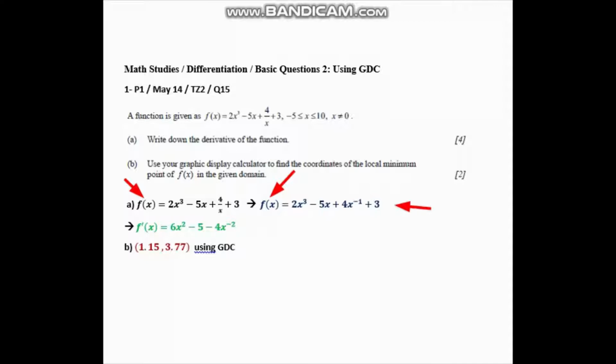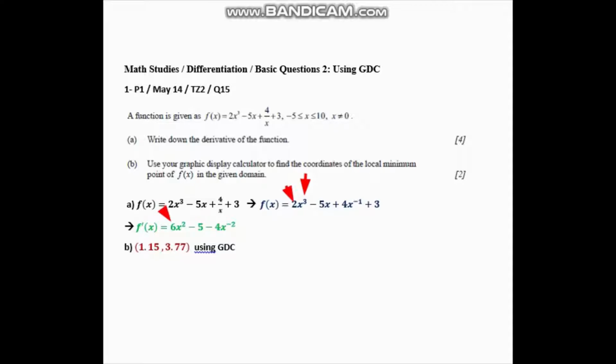Now to obtain f dash of x, which is the derivative function, I shall differentiate, and we already tried similar problems before. I shall begin with the first term, 2x to the power of 3. I shall multiply by the old power, so 3 times the number outside, which is 2, gives me 6.